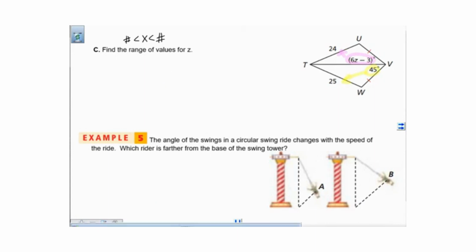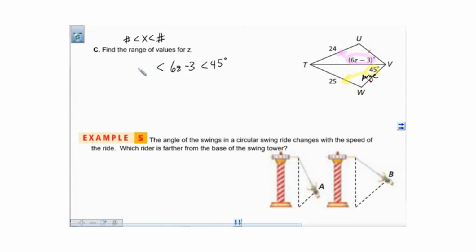And that means that the 45 degrees is the larger angle, and 6z minus 3 is less than 45 degrees. So this sets us up to find our upper value. We need to find our lower value at the same time.